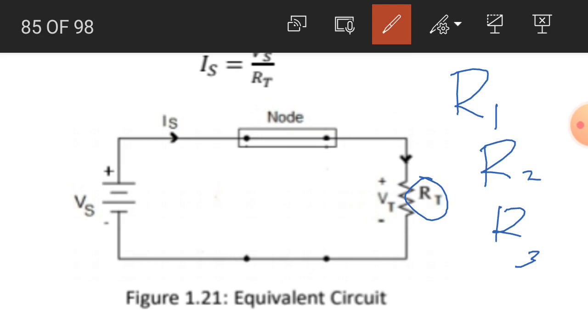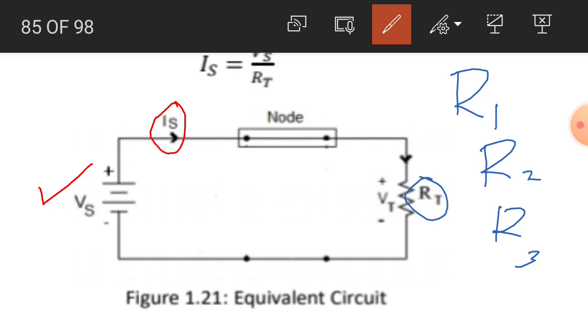So we apply the same voltage across this single resistor as well. The same current flows in the single resistor over here.